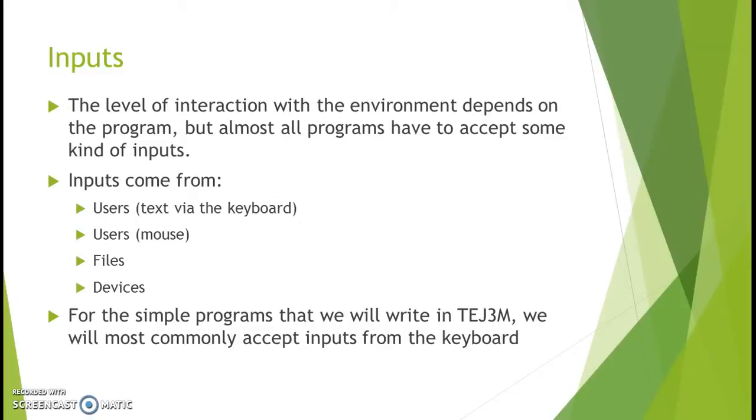And those inputs may come from users, for example, through text from a keyboard. They may come from the mouse. They may simply open files. Or devices may provide them with inputs. The simple programs we're going to write in TEJ3M, quite often we're going to accept inputs from the keyboard. As we get more elaborate, that'll change.